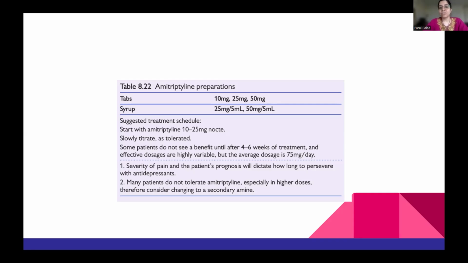We have to slowly titrate as tolerated, and be very careful whenever we are titrating the doses of amitriptyline because of the side effects. And definitely, if benefit is not seen after 4 to 6 weeks, we have to shift over.